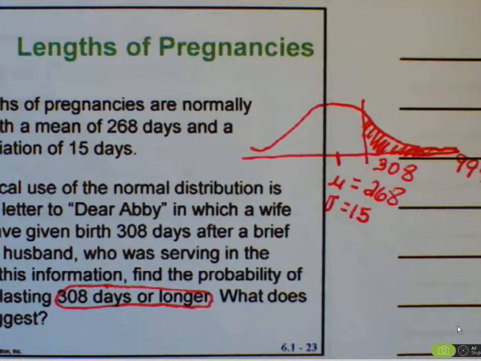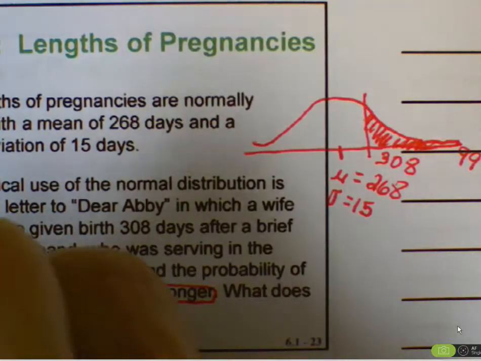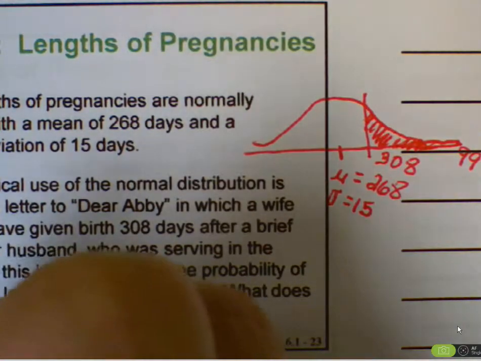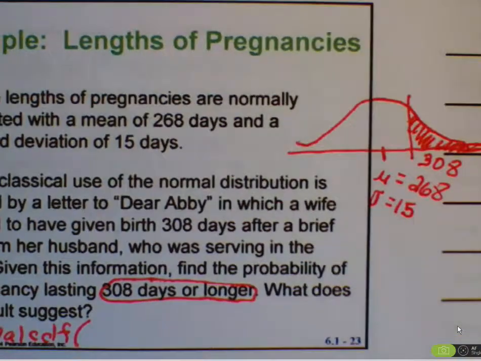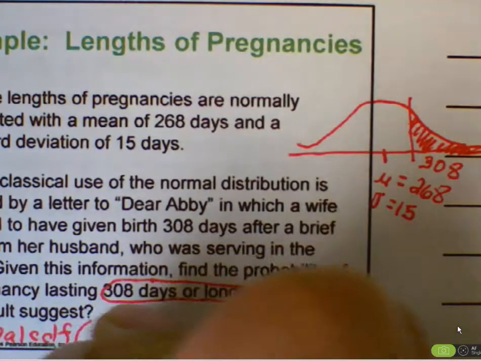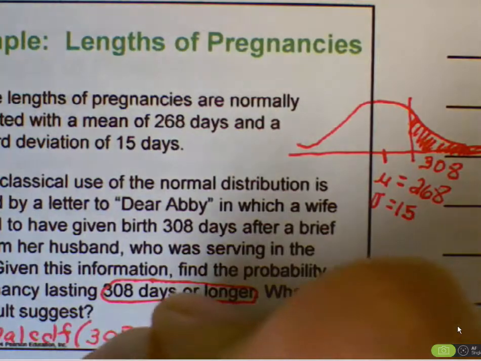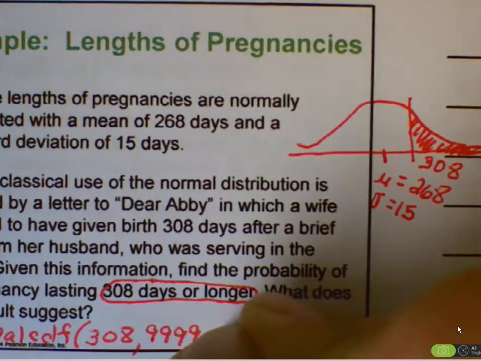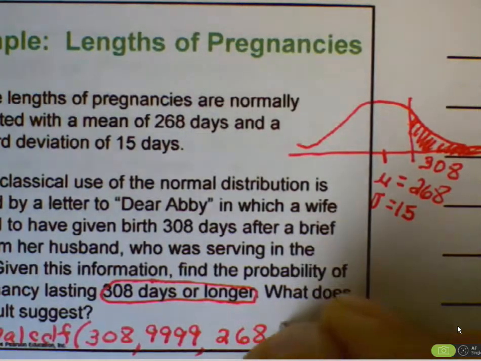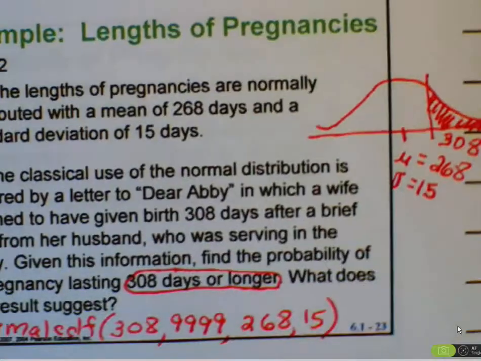Since I'm looking for a probability, I use normal CDF, not inverse norm. And I have to enter the left boundary, which is 308, the right boundary, which is 9,999, the mean, and the standard deviation.